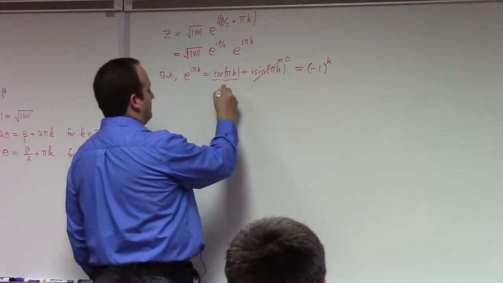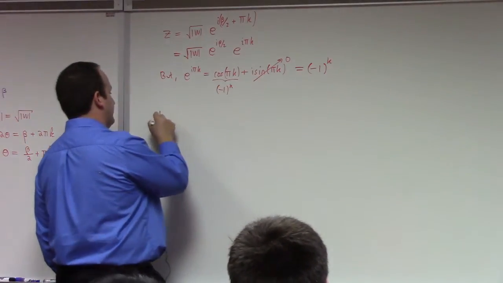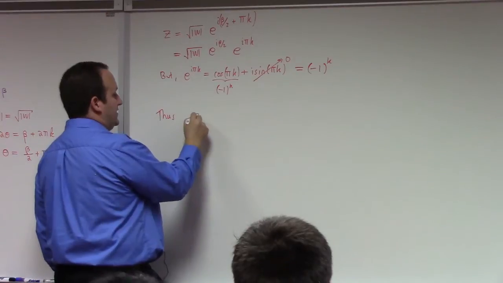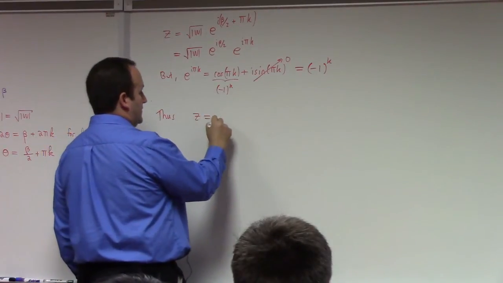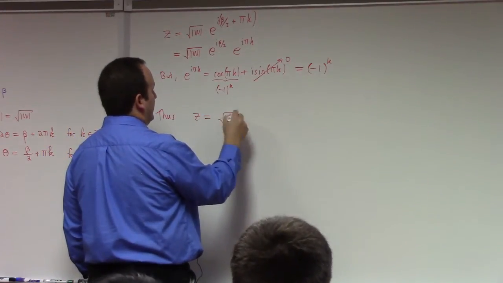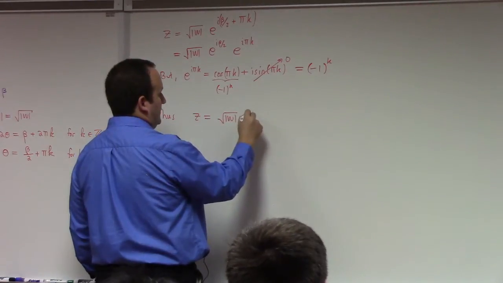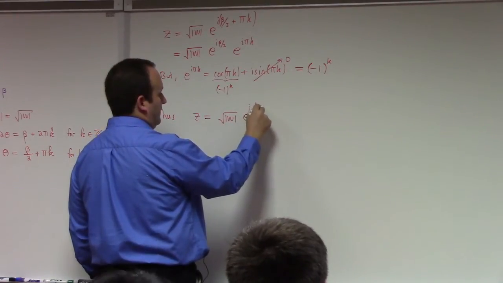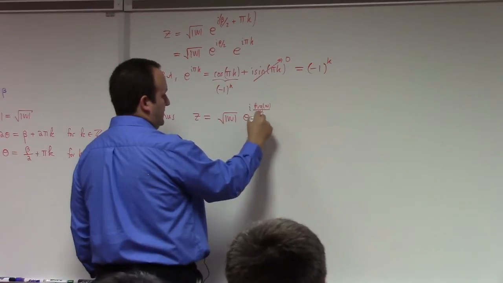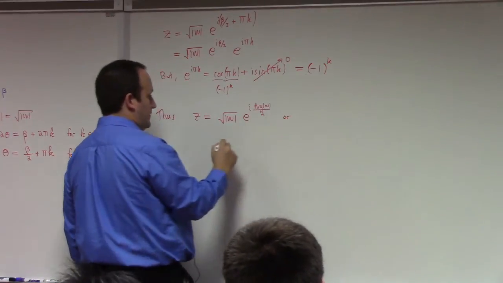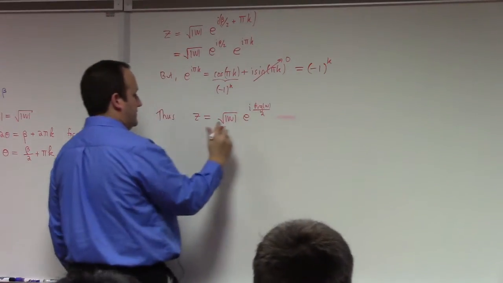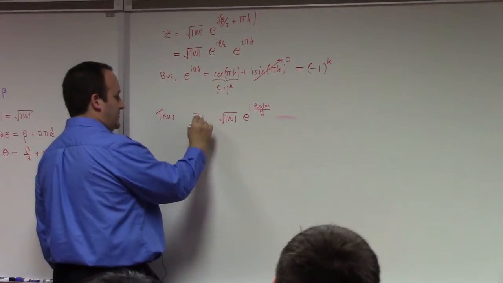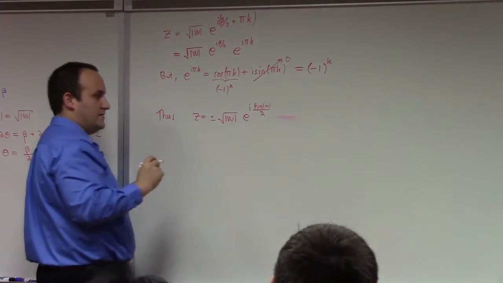So what do we get? z is basically equal to the square root of the modulus of w, e to the i arg of w divided by 2, or minus that, right? So I can just say z is equal to plus or minus.